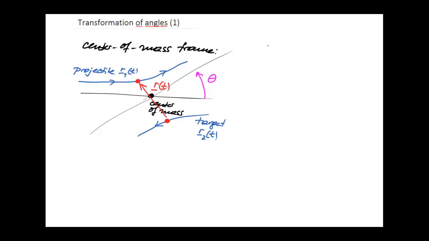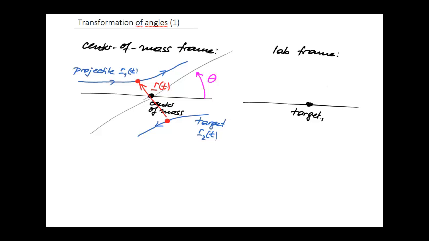Let's now look at the lab frame and let's see what changes. Let me again denote by the horizontal line the beam axis, but the black dot, which represents the center of our reference frame, of our coordinate system, no longer corresponds to the center of mass, but the origin, this black dot, now corresponds to the target, which is one of the two bodies, one of the two particles involved.